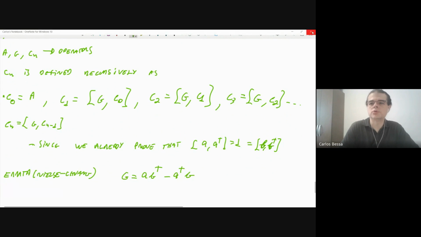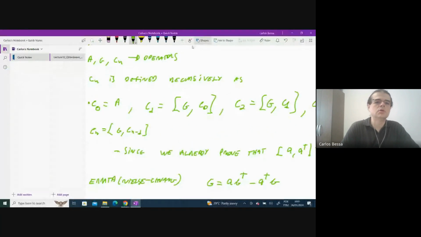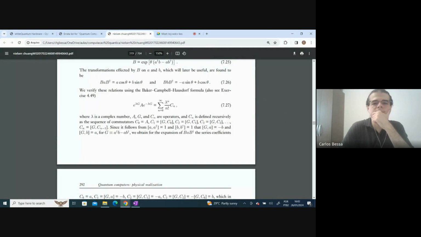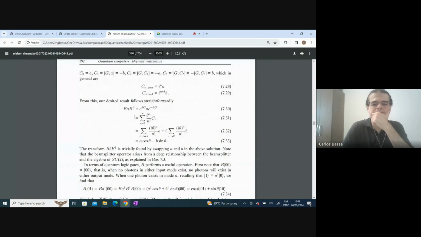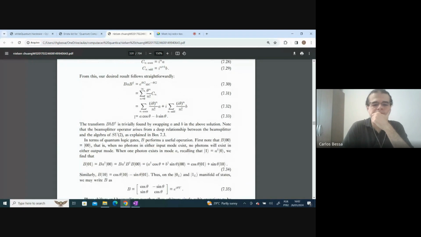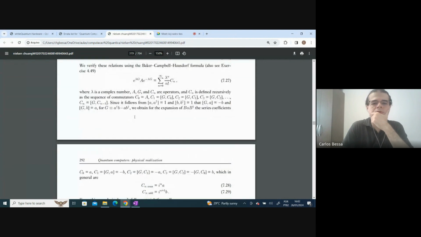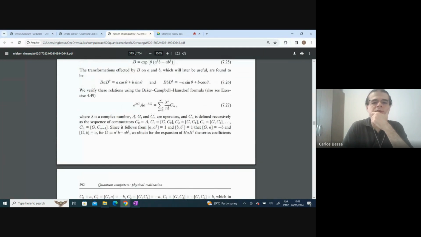Let me show you guys here in the book. Here the minus sign is opposite.